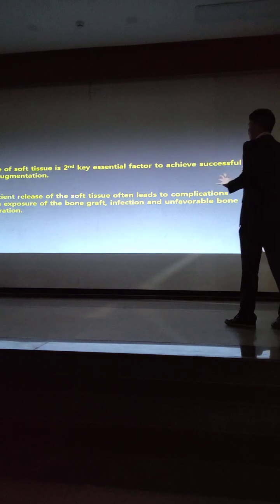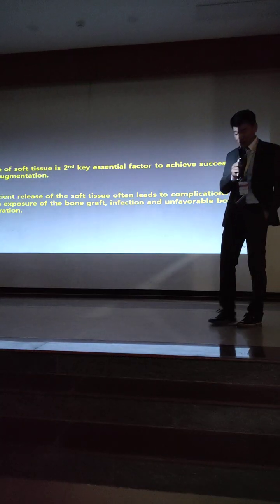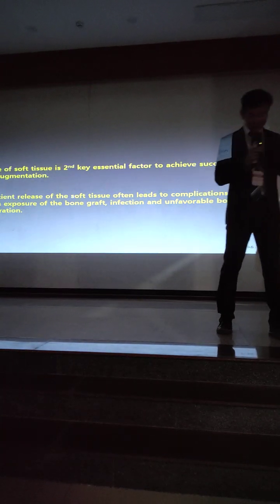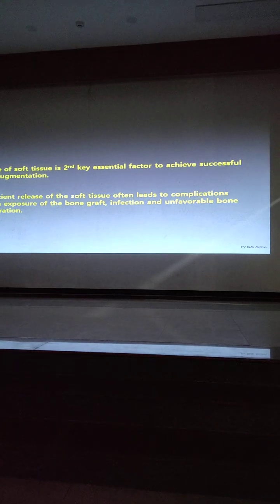And the second critical factor for successful advanced rehabilitation is tension-free primary suture. I talked about how to stabilize grafting material on the bony defect. Now I'd like to talk about the lesions.